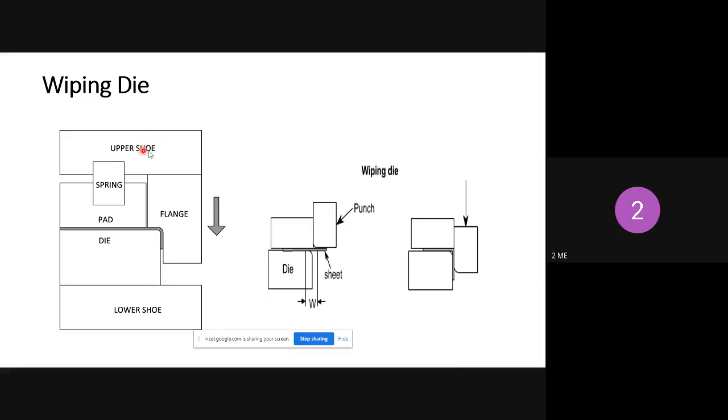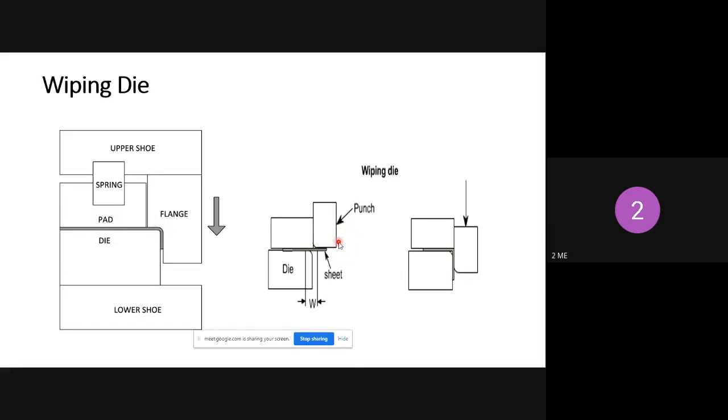This is the punch itself, or sometimes they call it the ram. The ram is connected to the punch. This pad is nothing but the pressure pad, holding the sheet metal properly. Otherwise, if you apply downward pressure, the sheet metal also goes down. So proper holding pressure is required. This is called the pressure pad.